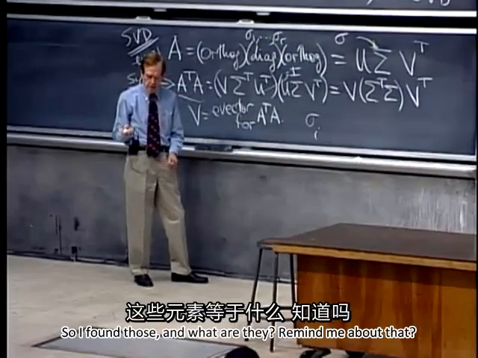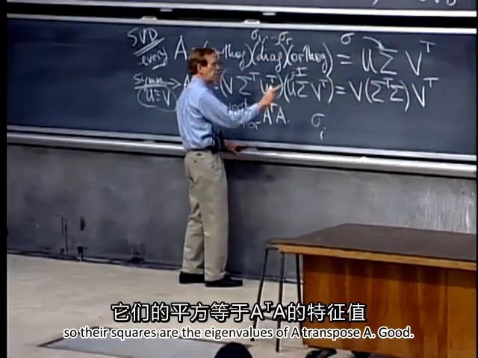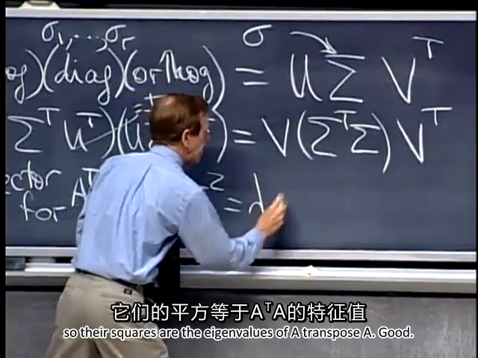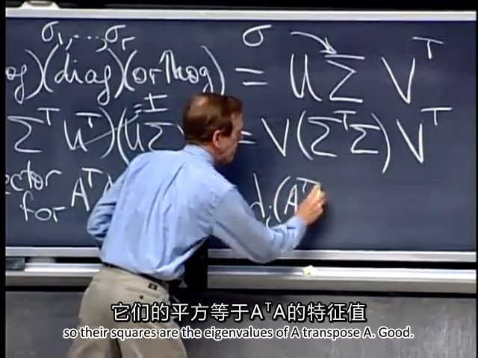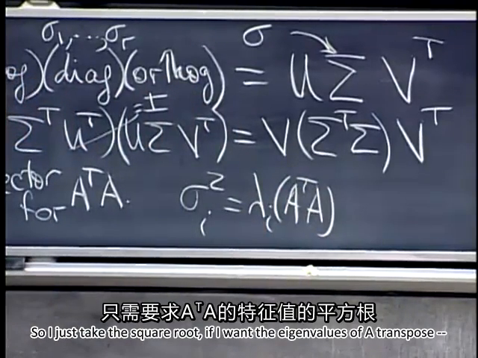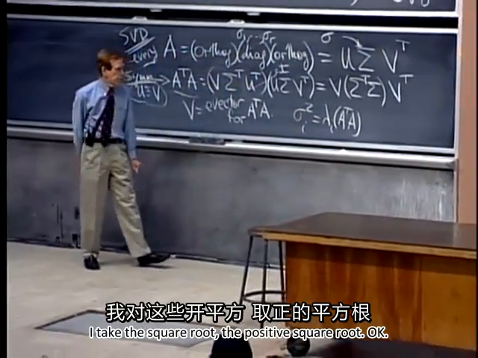Well, here I'm seeing them squared. So their squares are the eigenvalues of A transpose A. Good. So I just take the square root, the positive square root. Okay.